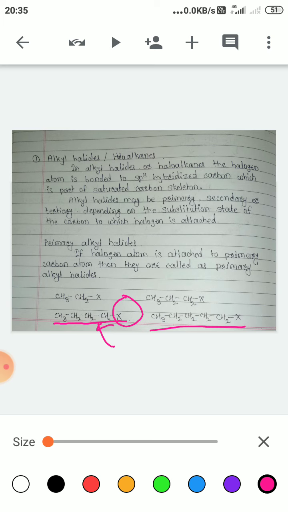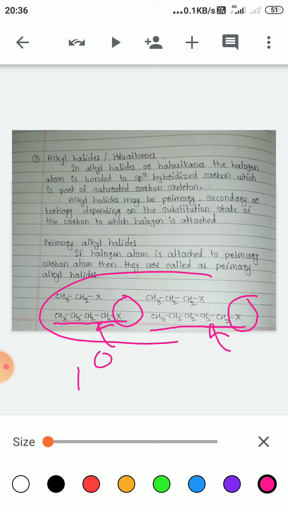This is an example of pentyl halide, in which the halogen atom is directly attached to a carbon atom which is attached to only one other carbon atom, and all these carbon atoms are primary carbon atoms, and therefore all these alkyl halides are examples of primary alkyl halides.